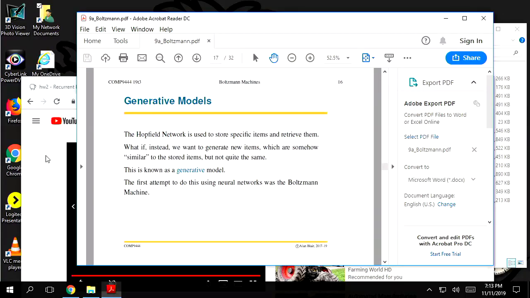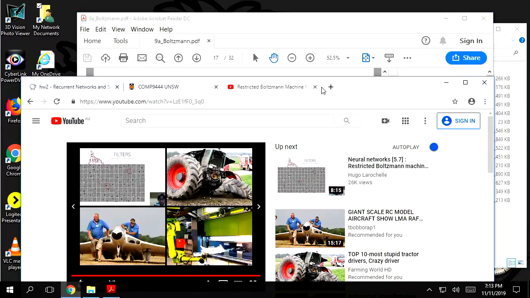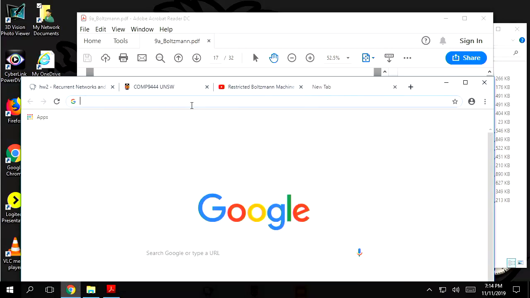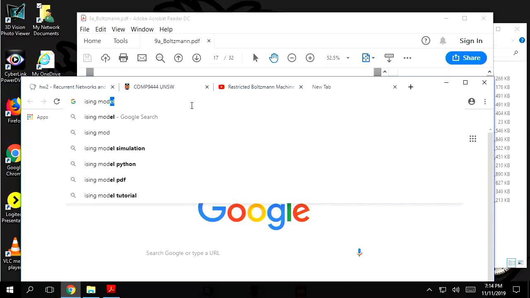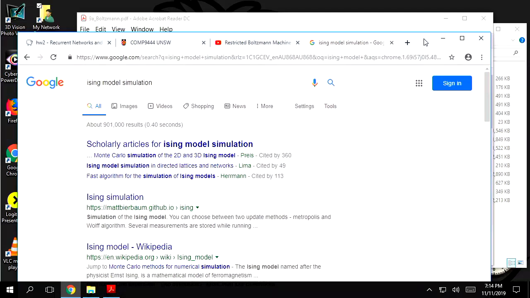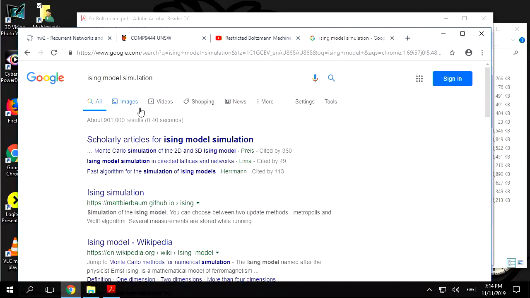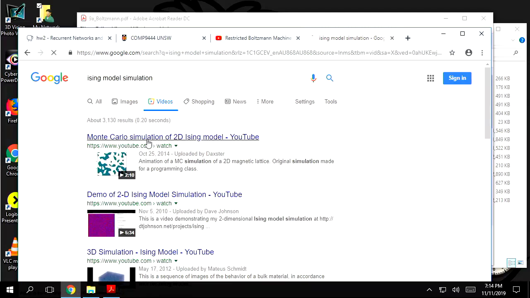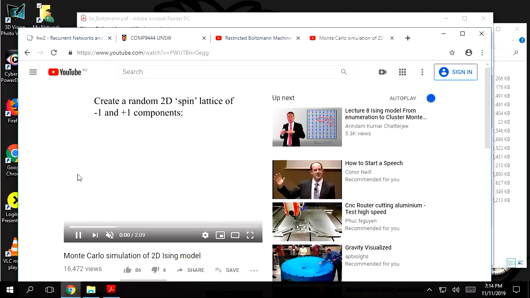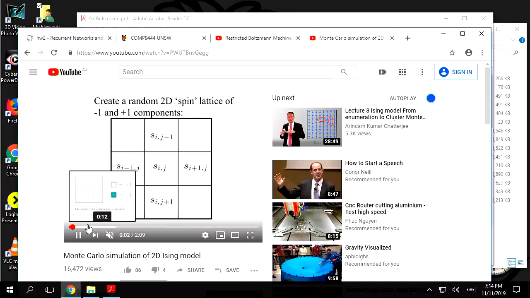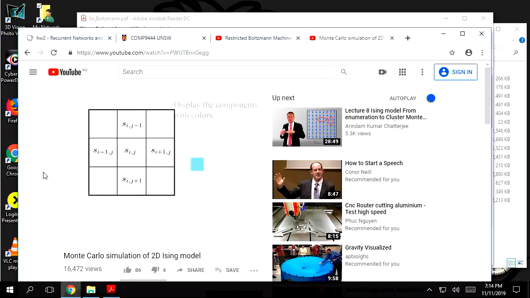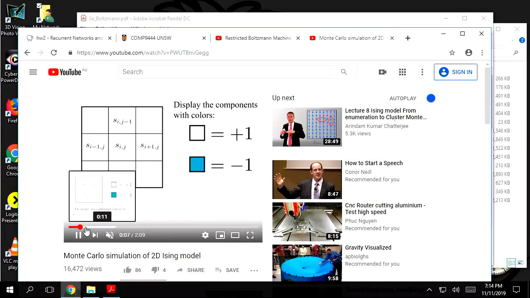Let me show you a video of the Ising model again so that you can have an idea what's going on here. All right, this is this equation.